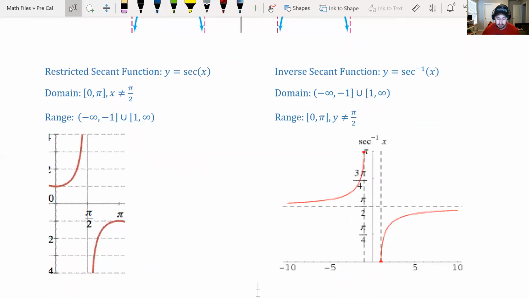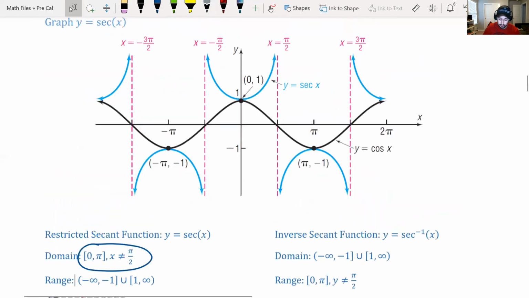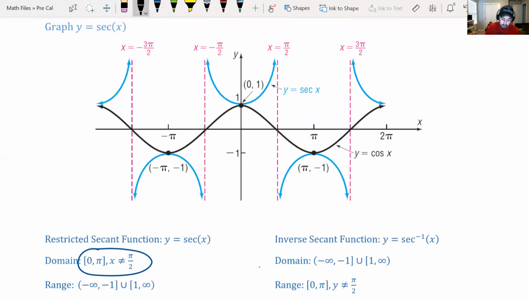All right. So the restricted secant function on the left side, this is what we restricted to. The domain is from 0 to pi, where x cannot equal pi over 2. That is because pi over 2 happens to be a vertical asymptote, right? So, oh, did I say pi over 2?